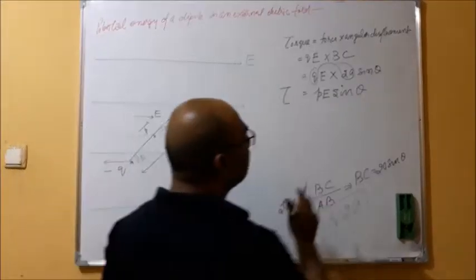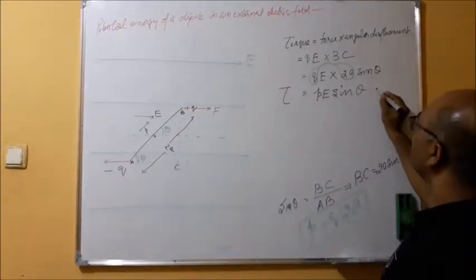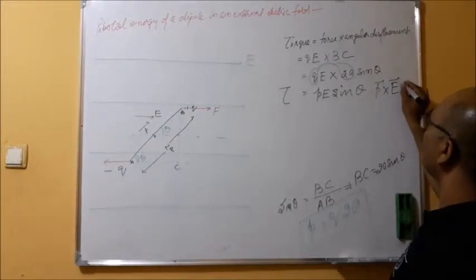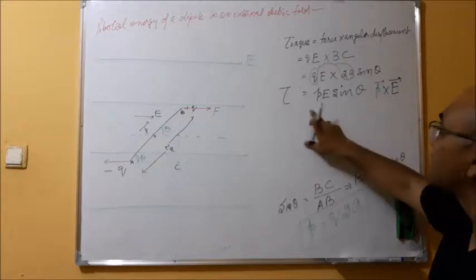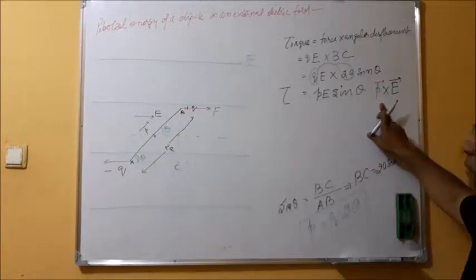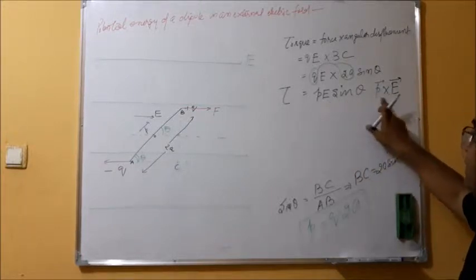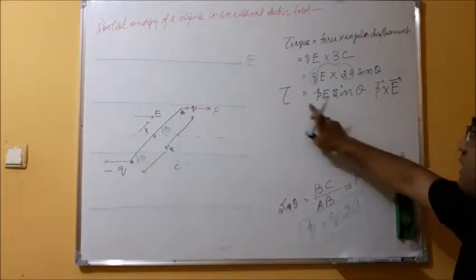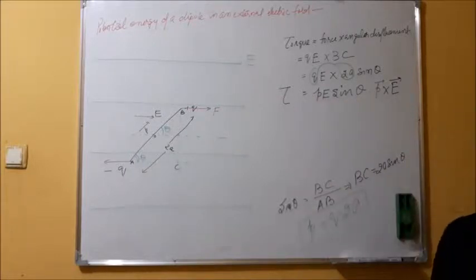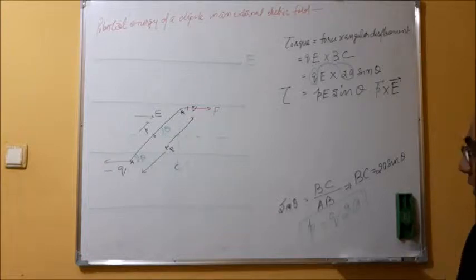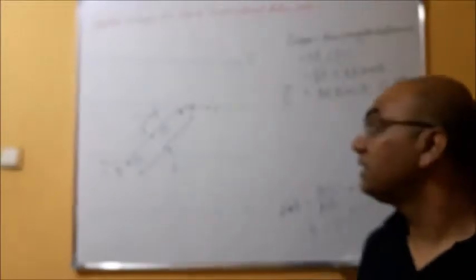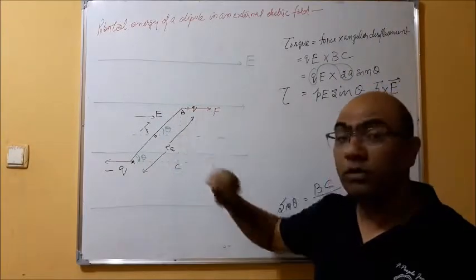So we can also say this is P cross E. If I want to write this formula in vector form, then P sin theta means the cross product of vector P and vector E will give you the value of torque. This is fine. So we have proved the torque on this dipole when it is placed at an angle theta.